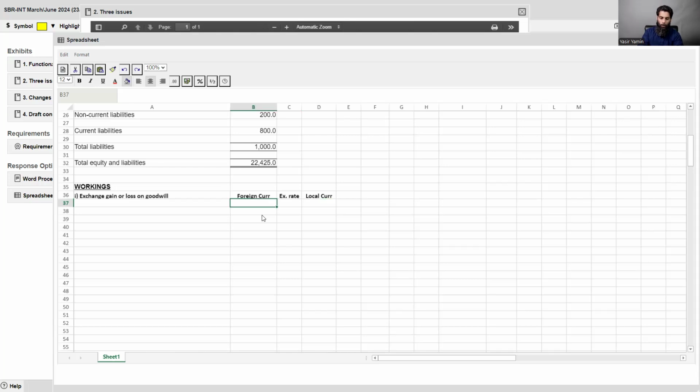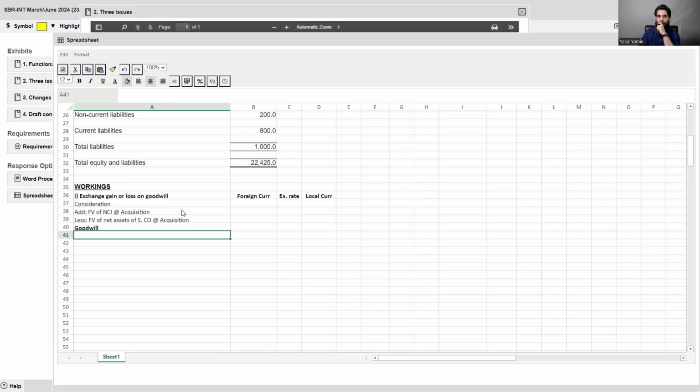You start with your consideration, add fair value of NCI at the date of acquisition. Then you subtract fair value of net assets of S company at acquisition. And once you have done that, you get goodwill.